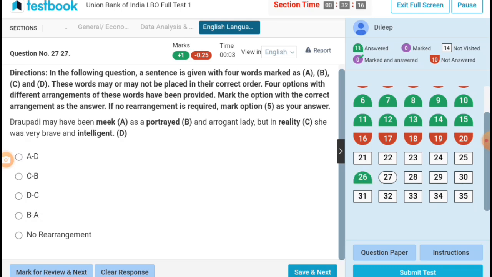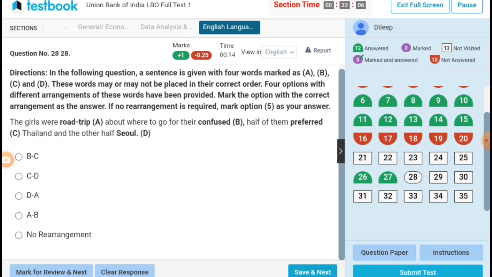Draupadi may have been an arrogant lady or intelligent. The girls were AB.